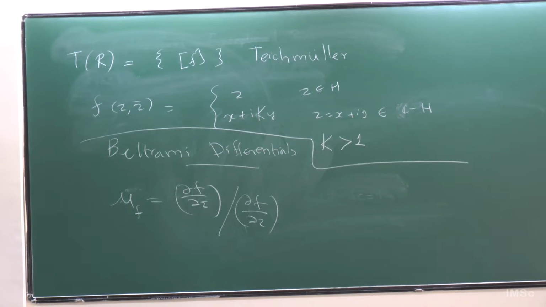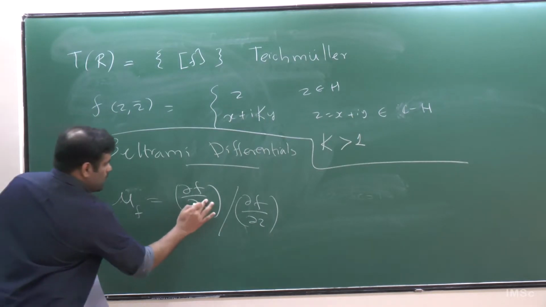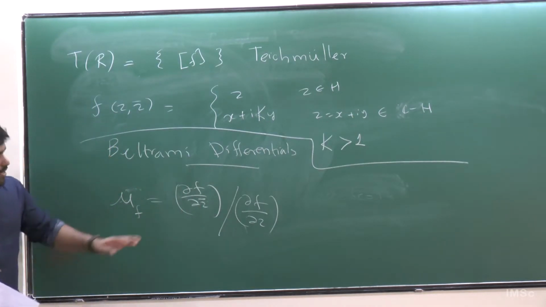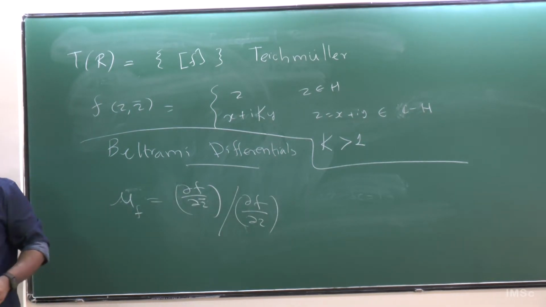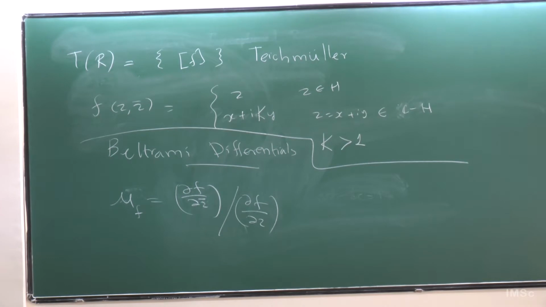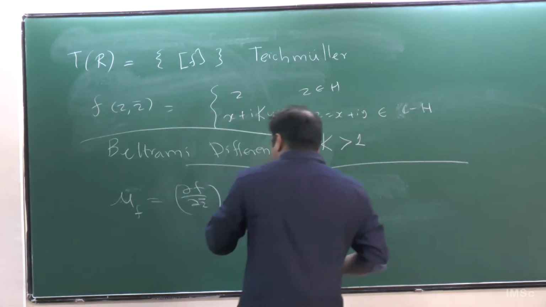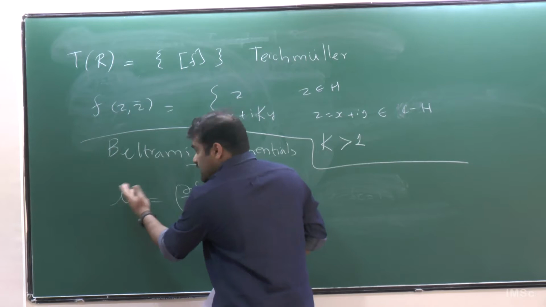Here del f by del z bar divided by del f by del z. So here you can think of k as the modulus of mu f, right? So the condition is that, let me reverse the whole problem.